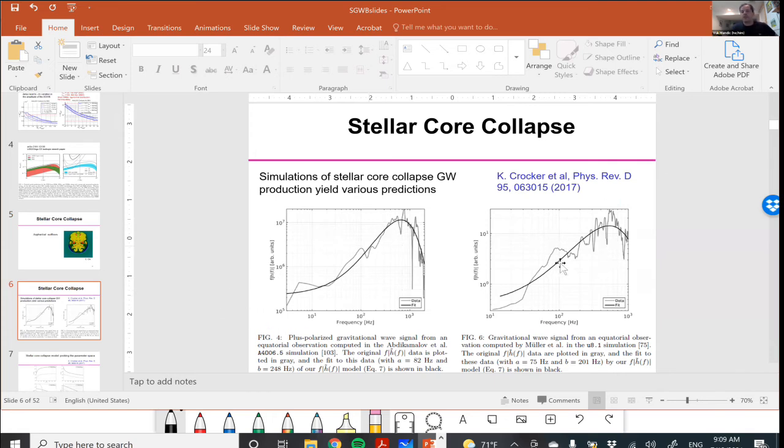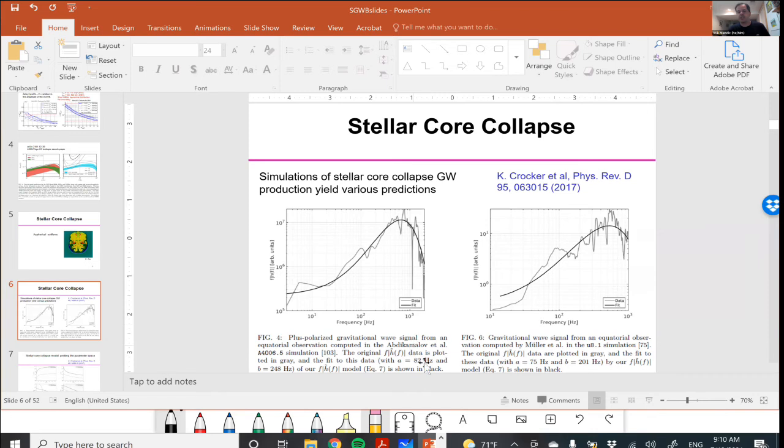These plots come from a paper that a student of mine did a few years ago, and we're actually revisiting these now as well. What you see here is this jagged line is basically the prediction of a particular simulation. We don't do those simulations.